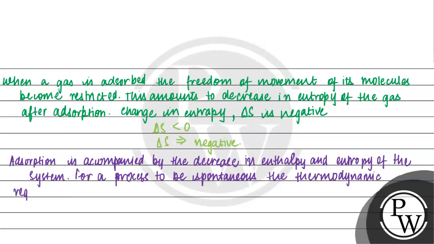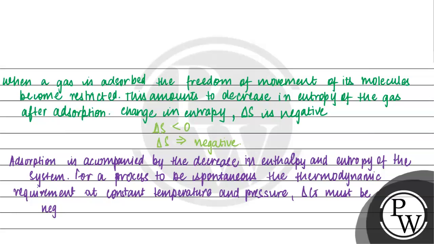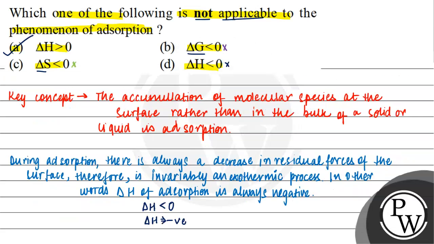The thermodynamic requirement at constant temperature and pressure, so delta G must be negative. तो अगर हम देखें delta G is less than 0, so delta G for delta G to be negative. तो हमारा ऑप्शन नंबर बी भी एलिमिनेट हो गया. तो हमारा option number A is the right answer.